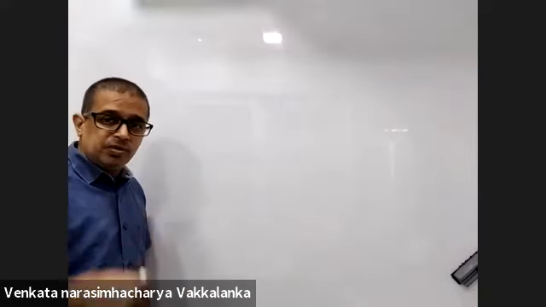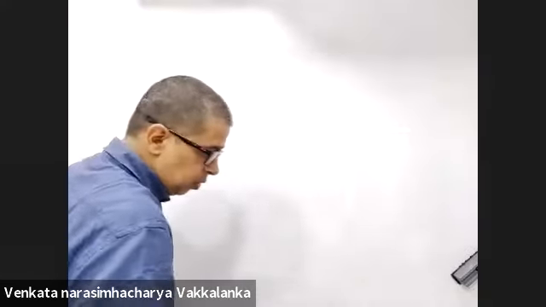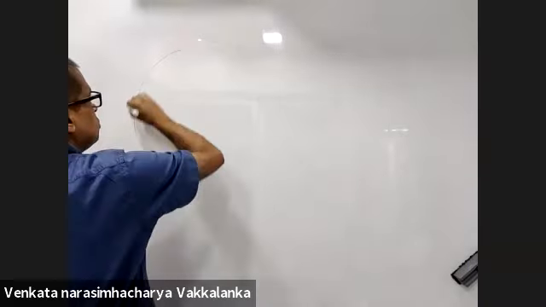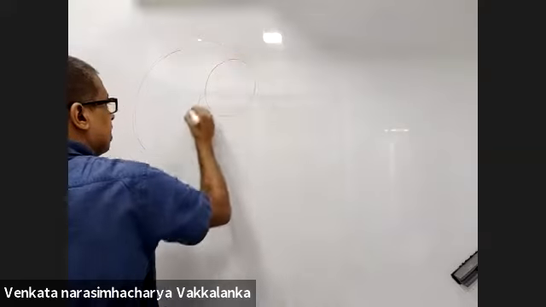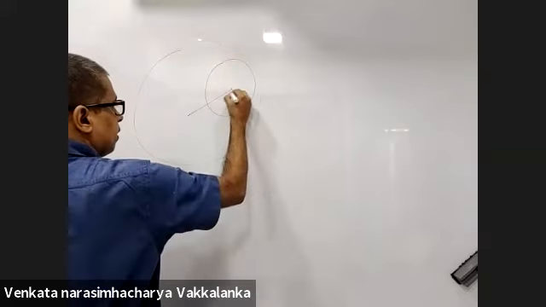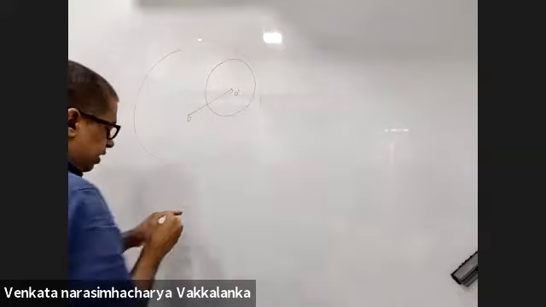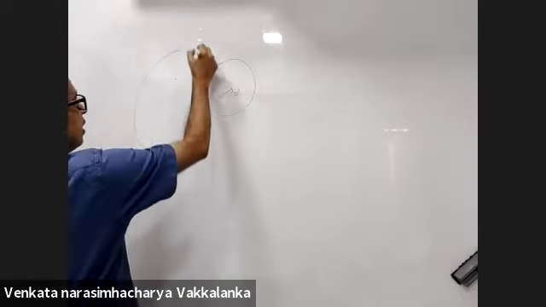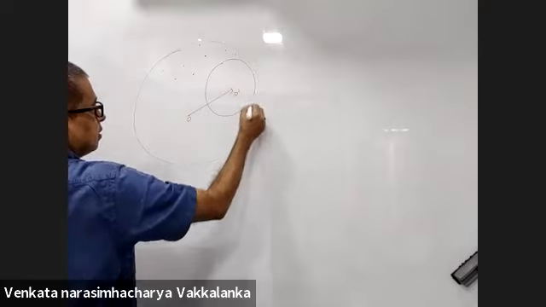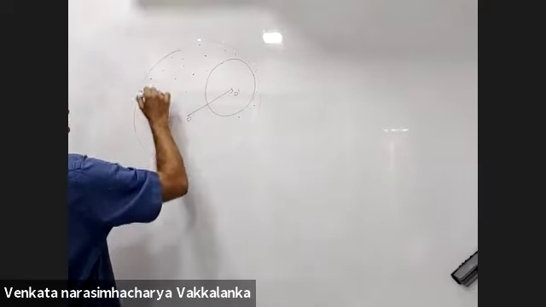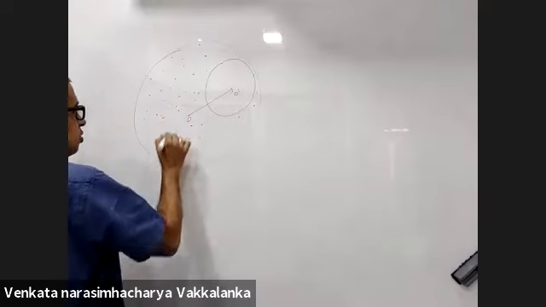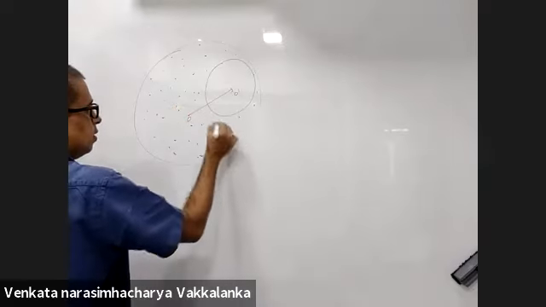One last thing before we go into the doubts. If this is a solid sphere with a cavity inside, this is O dash. Solid sphere with a cavity. Incidentally, the usage of this expression will be exhaustive in electrostatics.